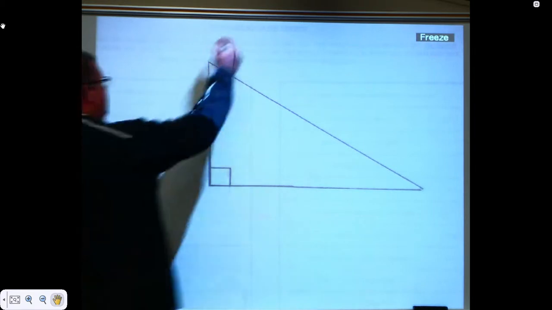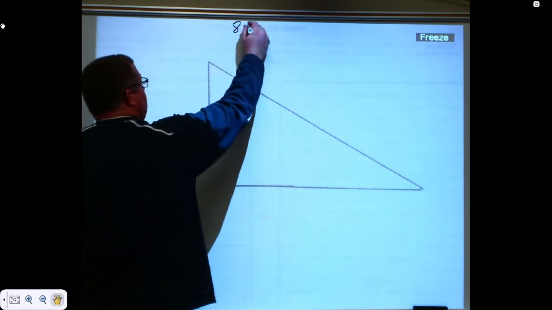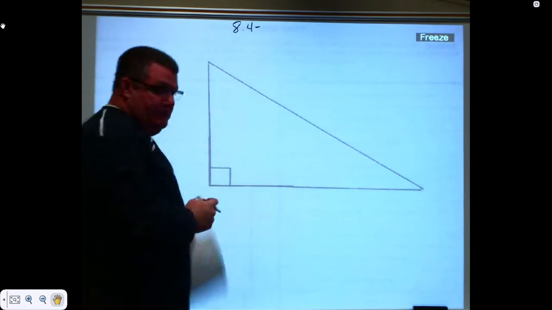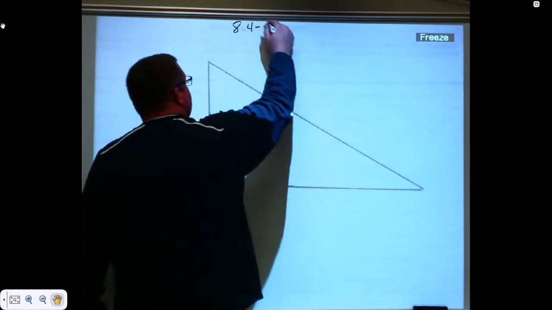So of course at the top you need to label, what is the title of this section? Trigonometry.